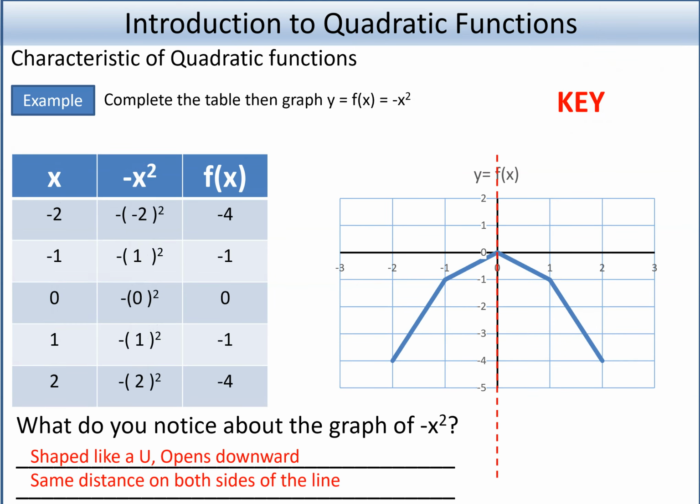If we complete that graph, we see it's also curved, or shaped like a U, but in this case, the opening is at the bottom, or downwards. It also is symmetrical, meaning it's the same distance on both sides of the line. Okay? So these are functions, but they're not linear.